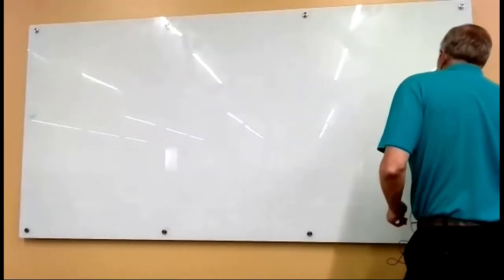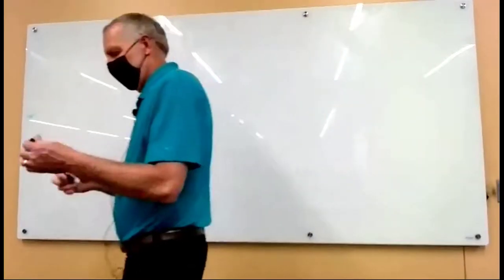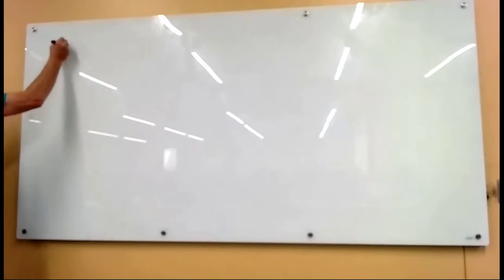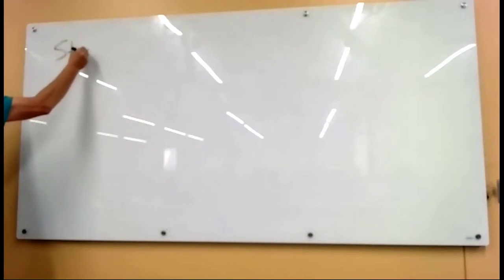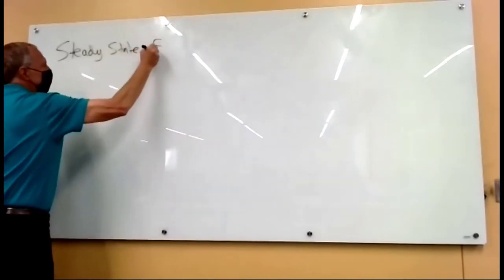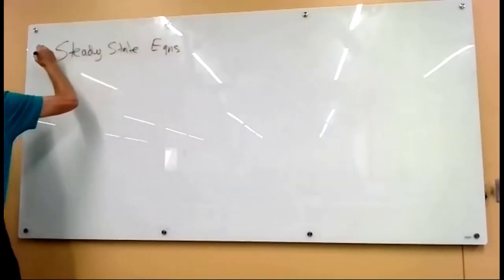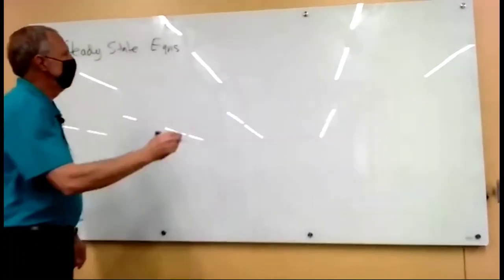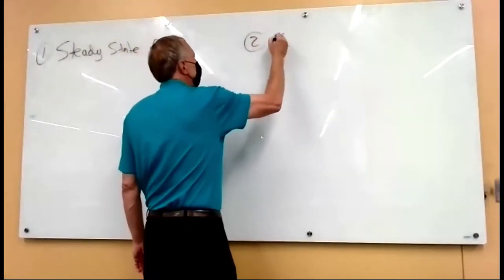And then we'll talk about the small perturbation equations that we can Laplace transform and we can do dynamics on. So steady state equations are one of the sets of equations that we're going to analyze in this class. And then the small perturbation equations.